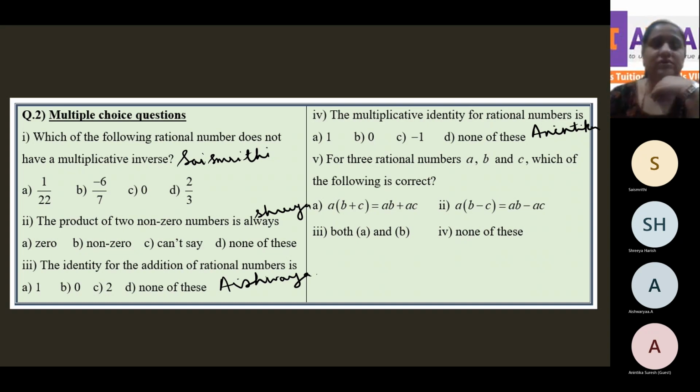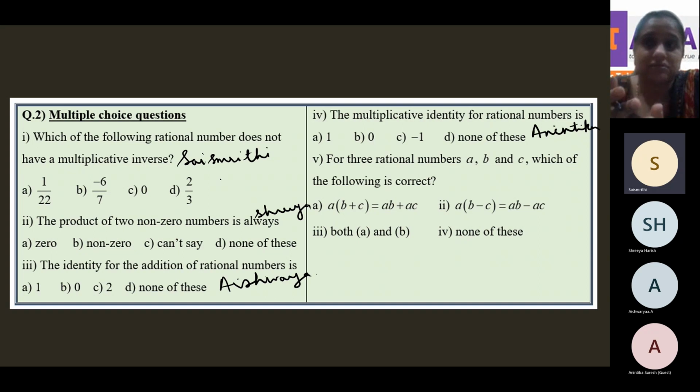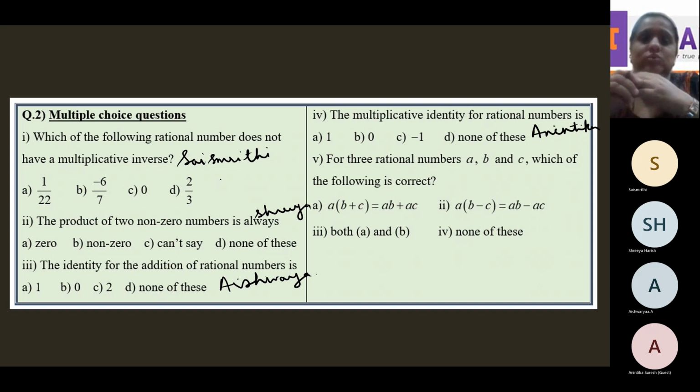Why does 0 not have one? Explain. Then B, ma'am. I think 0 doesn't have. Yeah, okay, but your thought you must justify. Why do you feel so?